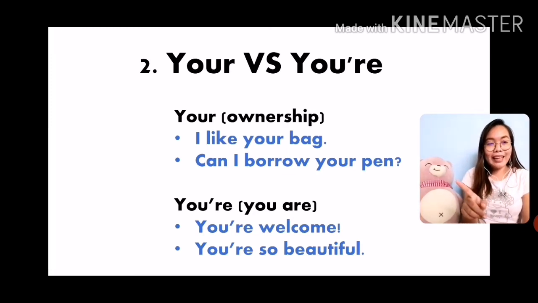Again, the correct form to be used when you say you're welcome is with the apostrophe re. It is you are welcome. When someone says thank you, you need to reply with you're welcome. And also, if you're referring to someone who is beautiful, instead of you are so beautiful, you can say you're so beautiful.